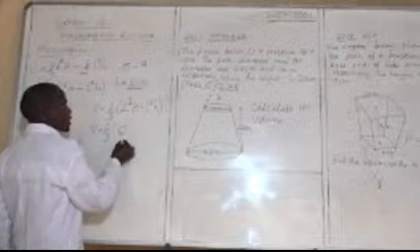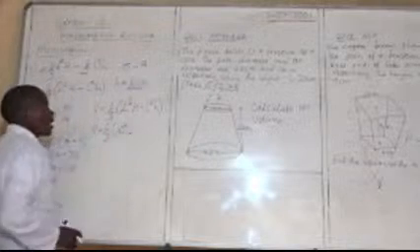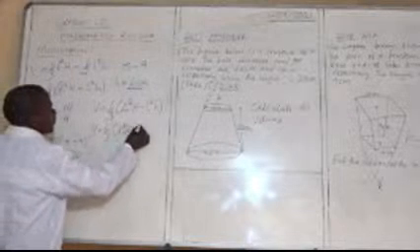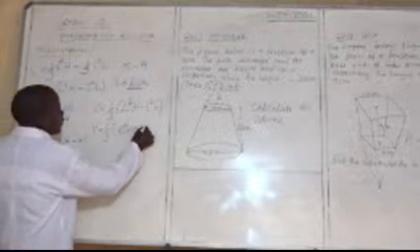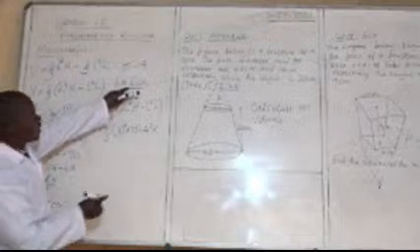So 10 squared times the height we have found here, 15, minus L squared there, the smaller one, which is 4 squared, times the height of the smaller pyramid. We have found here 6.